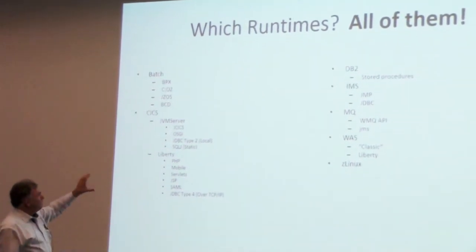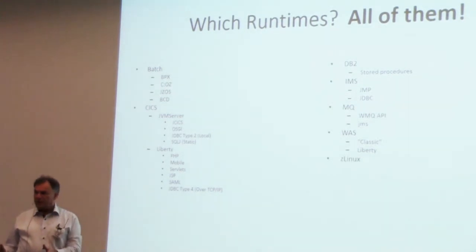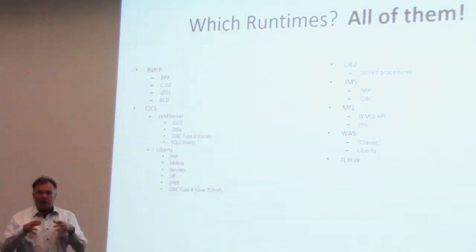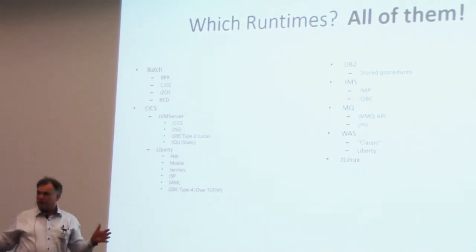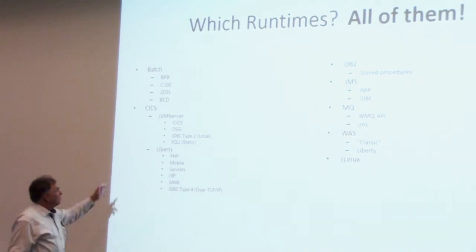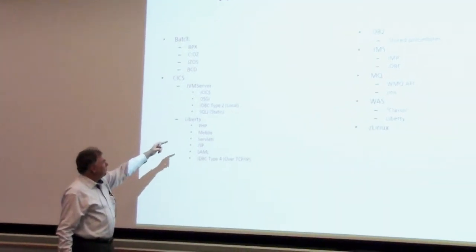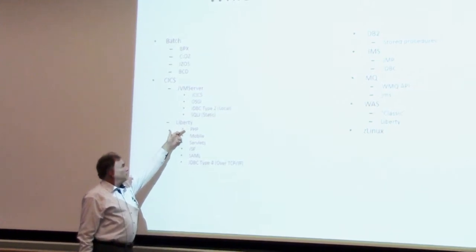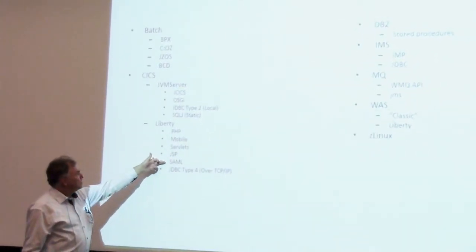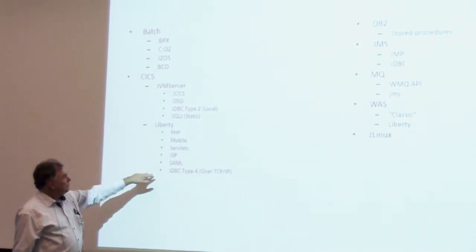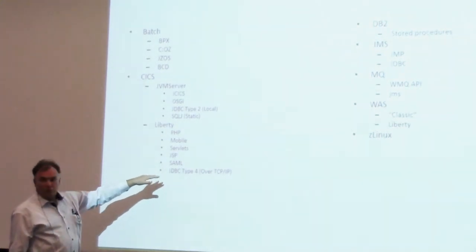Liberty really means that we have taken a WebSphere application server, slimmed it down, and put it into CICS. It's not the complete WebSphere as you are running natively on your system, but it's a scaled down Liberty profile with functionalities like PHP, mobile JSON services, servlets, Java server pages, SAML security, and you can run JDBC type 4 if you should want to.